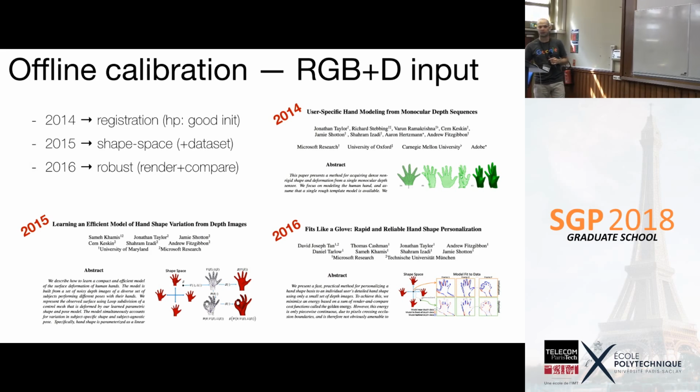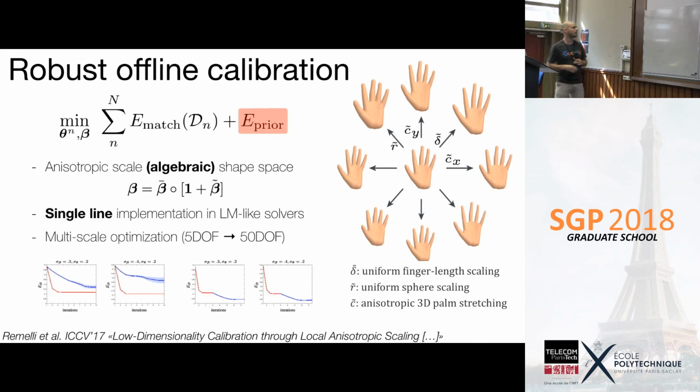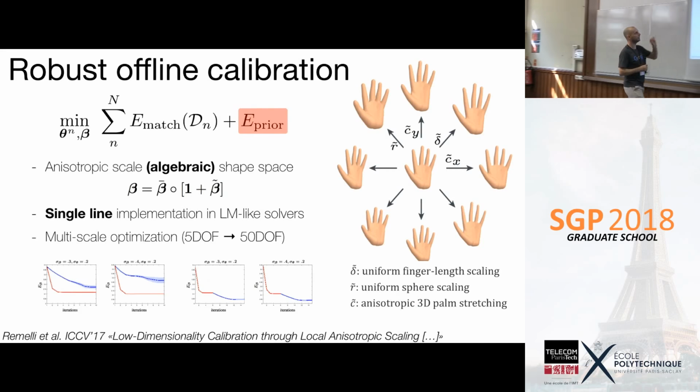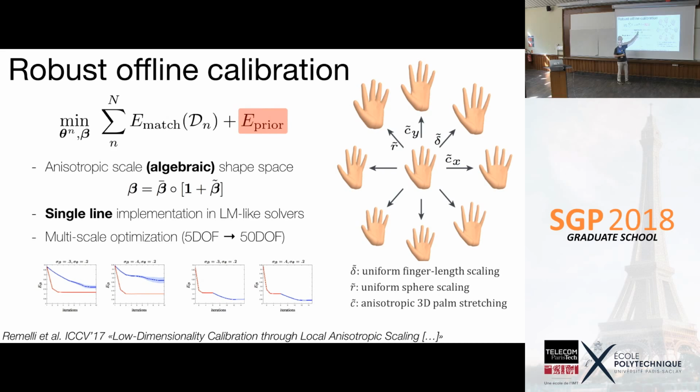And what we actually found out, beyond the fact that my PhD student did not want to go through the hassle, is that by simply building an algebraic, i.e. hand-tuned shape space, which simply says that a generic model, most of the time, can be seen as an anisotropic scaling of the parameters in your optimization, right?